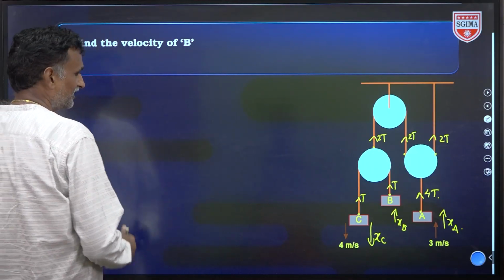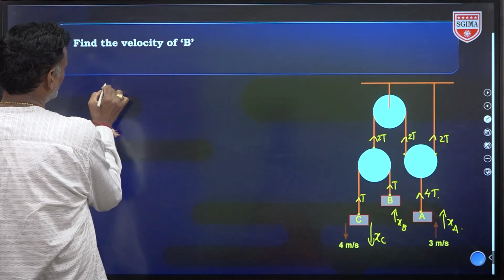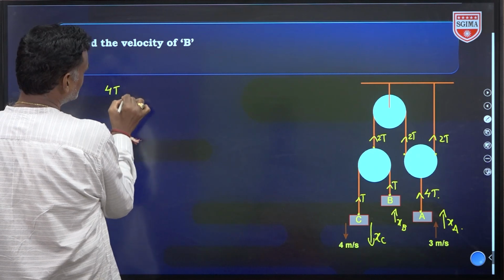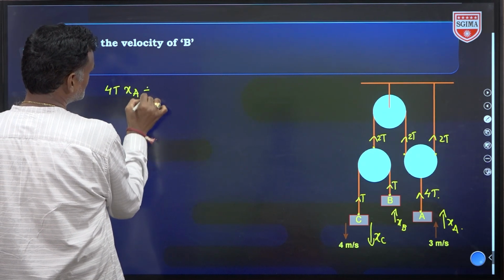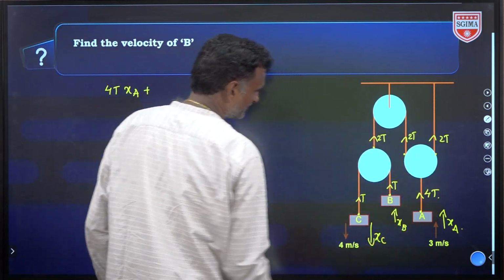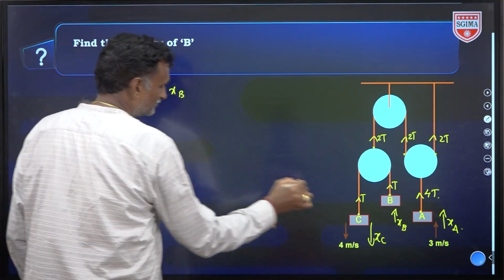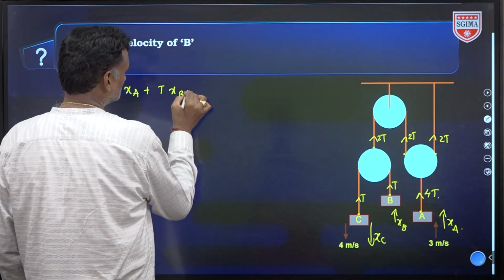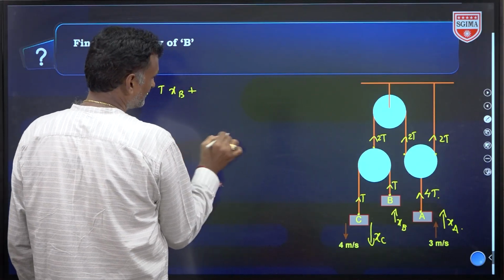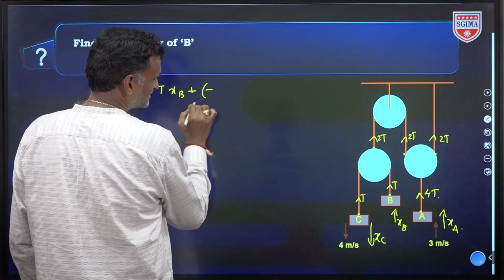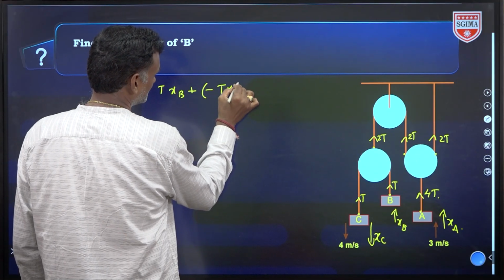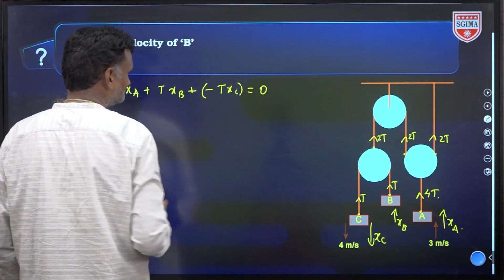So 4T into xa, that is positive only because both are in the same direction, plus T into xb, I took upward only, so plus, sorry, here it is minus, minus T into xc equal to 0.